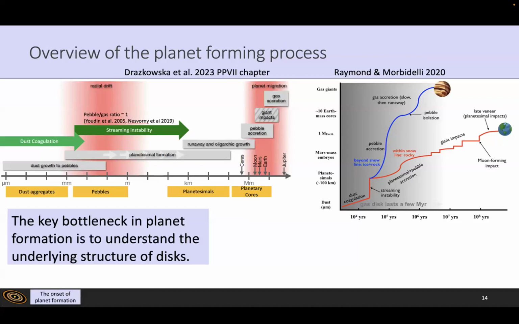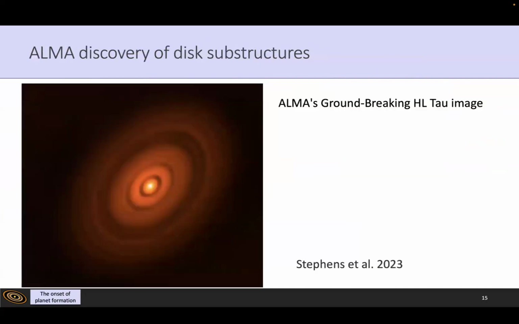So this is one of the bottlenecks in planet formation theory. It's very important to study the substructures of the disk and try to find ways to constrain planet formation from observation. Just recently, ALMA started to discover a lot of beautiful disk substructures. Here is the beautiful, groundbreaking HL Tau image.